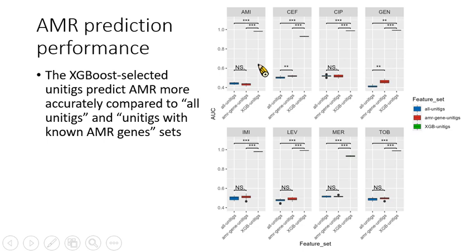This phenomenon exists for all 8 tested antibiotic resistances, suggesting that XGBoost is capable of selecting the features that can be used for building a much more accurate model for antimicrobial resistance.